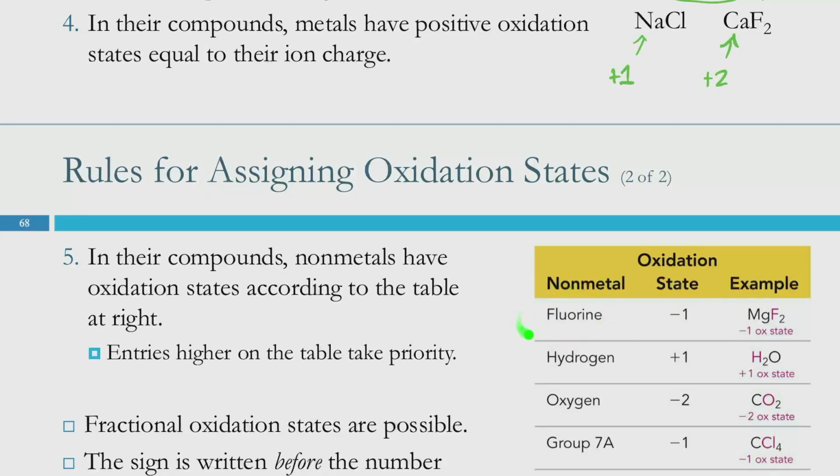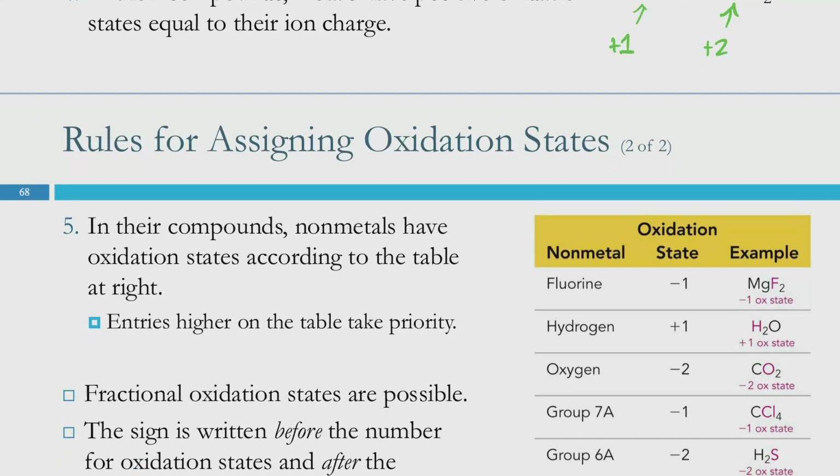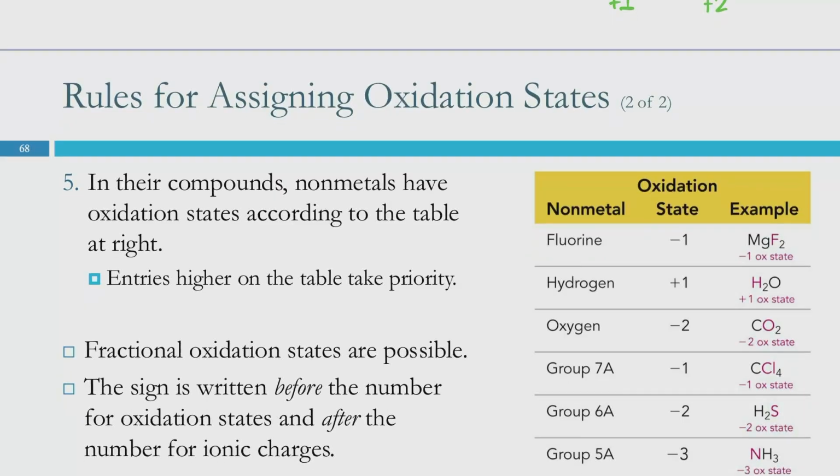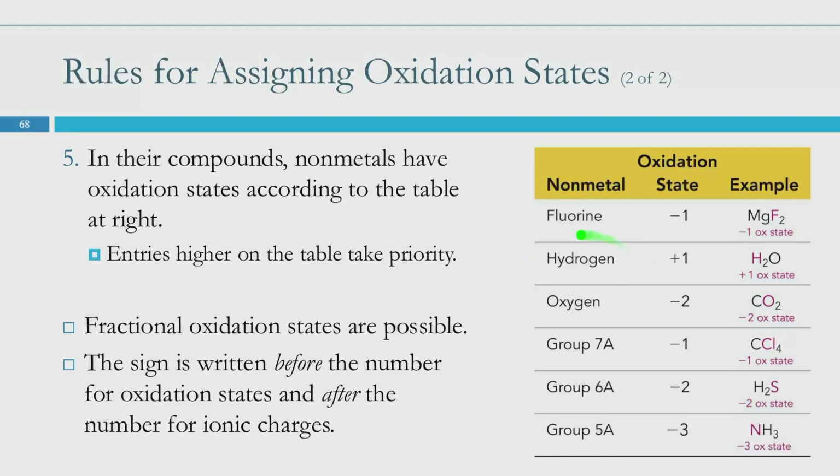So fluorine basically always gets its preferred -1 oxidation state. After we've assigned fluorine a -1 oxidation state, we can then assign any hydrogens that are left over a +1 oxidation state. The next priority is oxygen, which gets a -2 oxidation state.